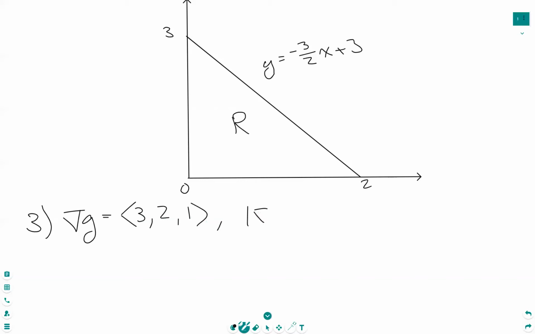The magnitude of the gradient of G is therefore the square root of 9 plus 4 plus 1, or the square root of 14.